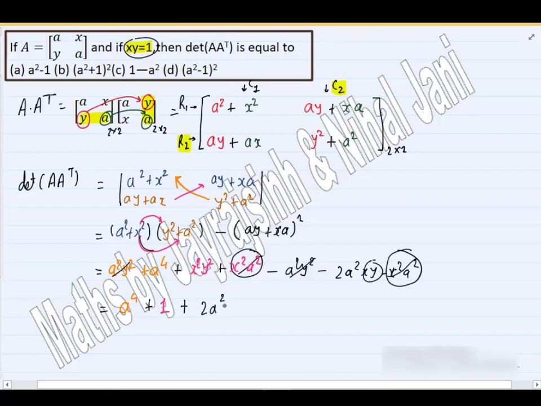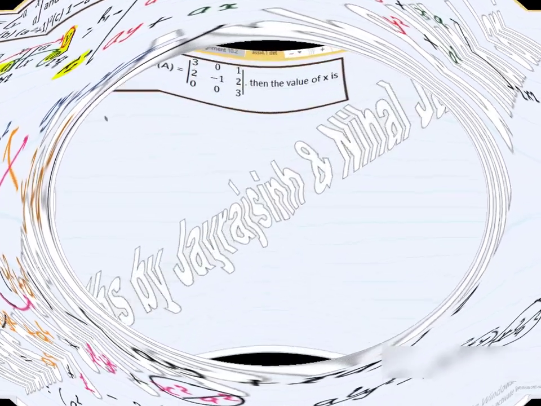So here we'll get minus 2a square. So this is the perfect square, a square minus 1 the whole square. Ta-da! Option D is your final answer.